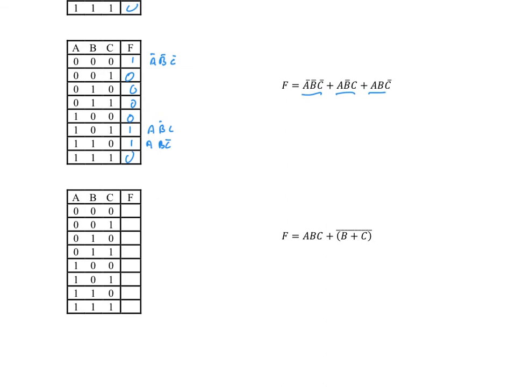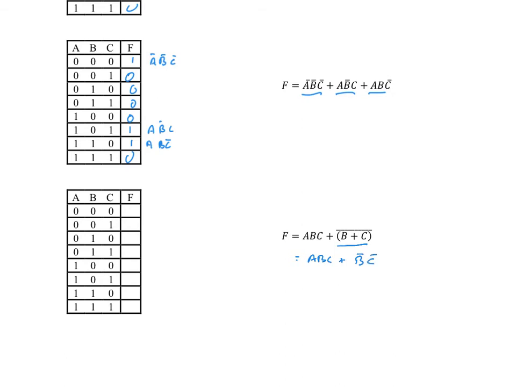Okay, and then on this one we have to remember De Morgan's laws, which say that B plus C bar, this is going to be equal to B bar C bar, like that.